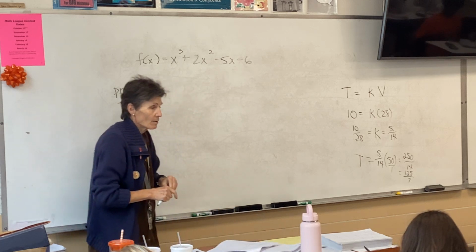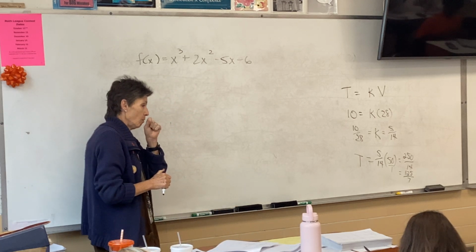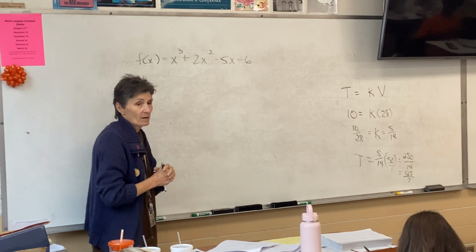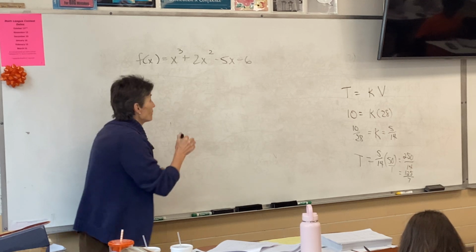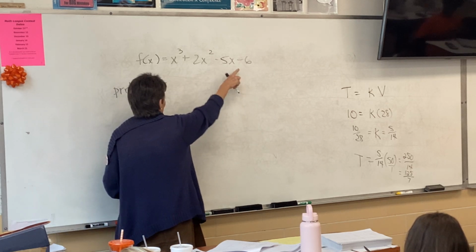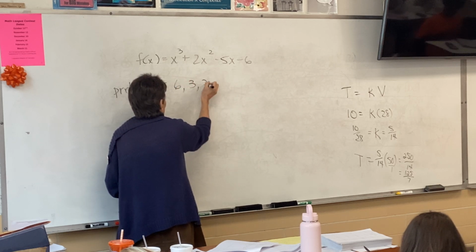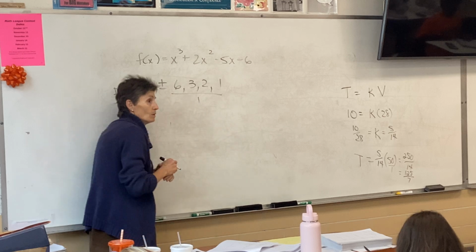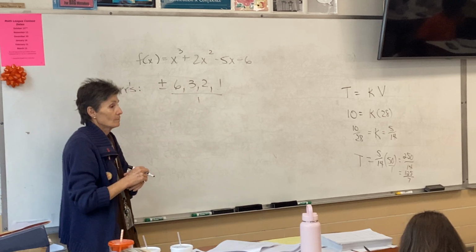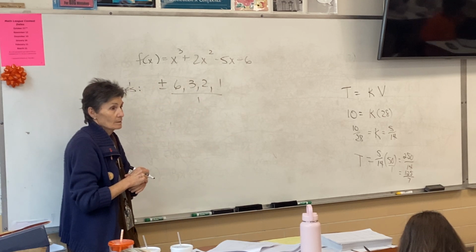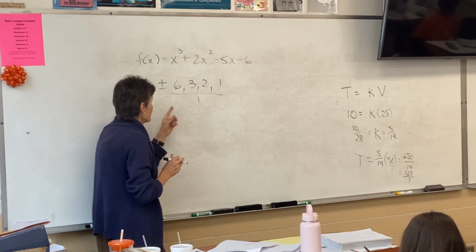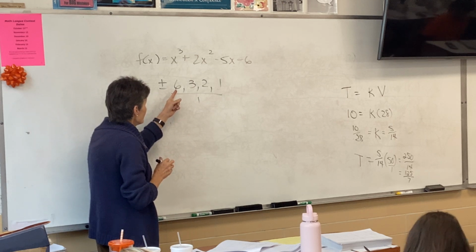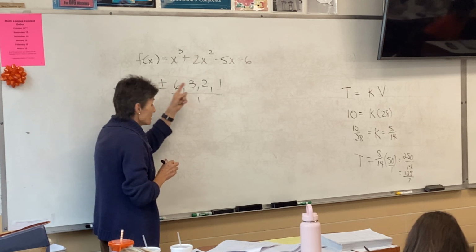What are the possible rational roots, the PRRs? Plus or minus factors of 6 over factors of 1. So literally, that would just be plus or minus 6, 3, 2, and 1.